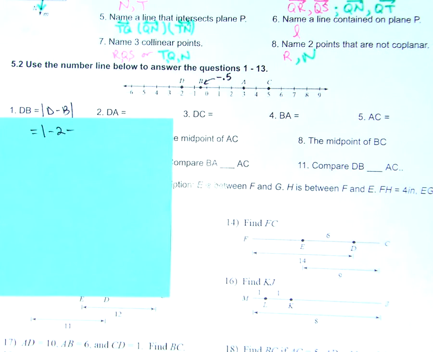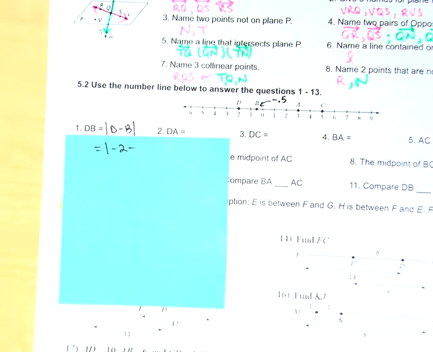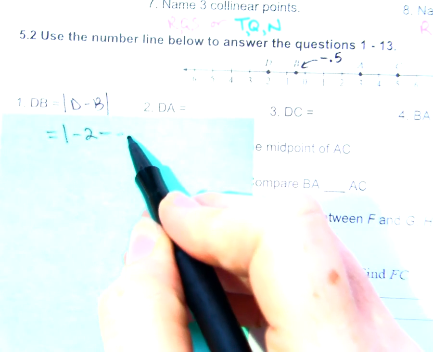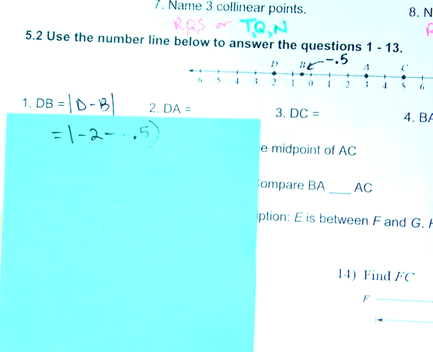It's halfway between 0 and -1. So I'm going to have -2 minus -0.5.